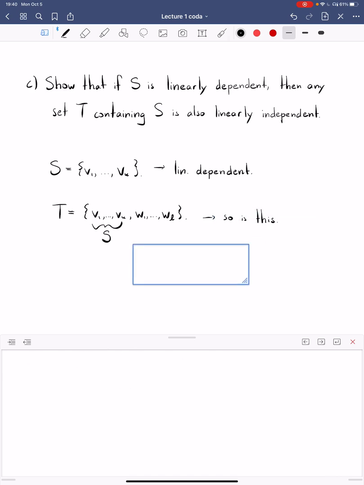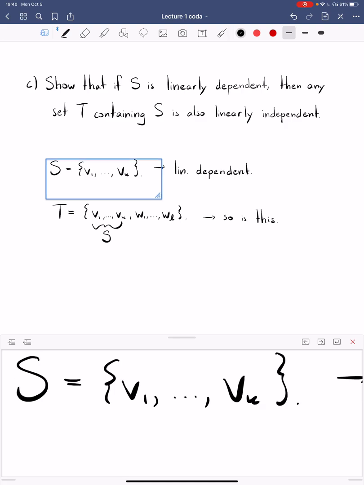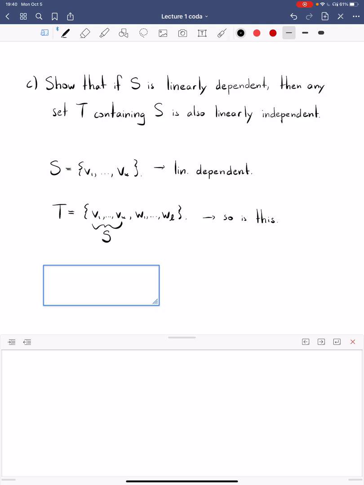Okay, so let's see. This is a generalization of part A of two. In part A, my S was a single vector consisting of 0, and T was something bigger. Now I'm doing this more generally.